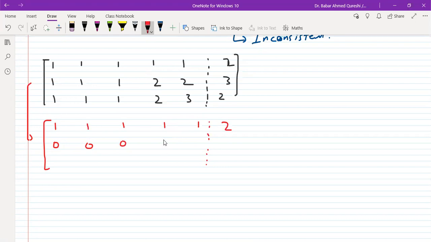So -1 plus 2, 1, -1 plus 2, 1, -2 plus 3, 1, 0, 0, 0, 1, -2. This was -1 plus 2, which gave me 1, -1 plus 3, 2, and -2 plus 2 gives me 0.